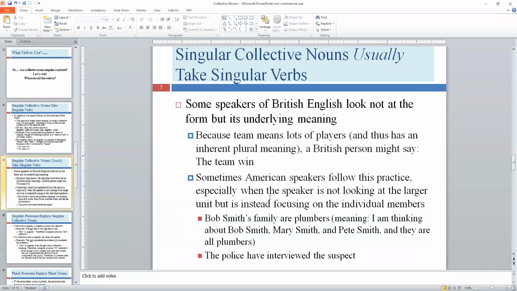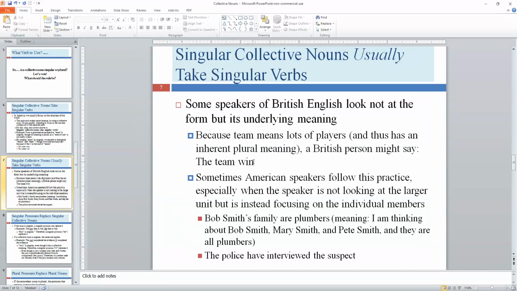Here's the British rule that we were talking about. The British might say the team win. That sounds odd to us. It probably sounds a little bit awkward to your ears. There are some times, though, when you're talking about a group, because we talked before that there's really two ways of looking at that collective unit.